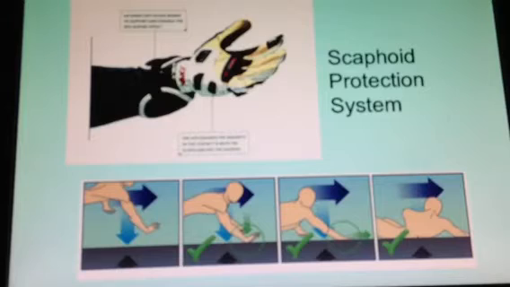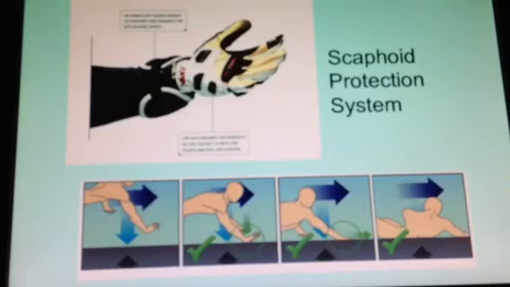A British manufacturer by the name of Knox patented the scaphoid protection system, better known as SPS. This is designed for motorcyclists to provide protection when falling and placing the hand first. It consists of two low-friction pads positioned on the palm of each glove, developed to eliminate the grab effect.